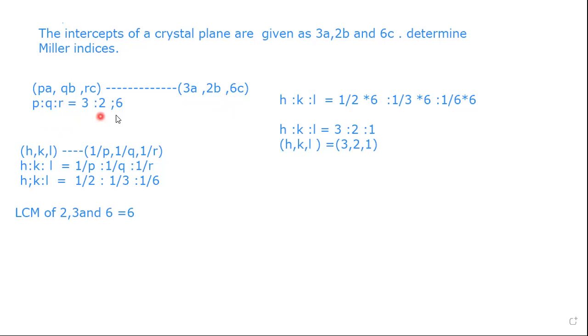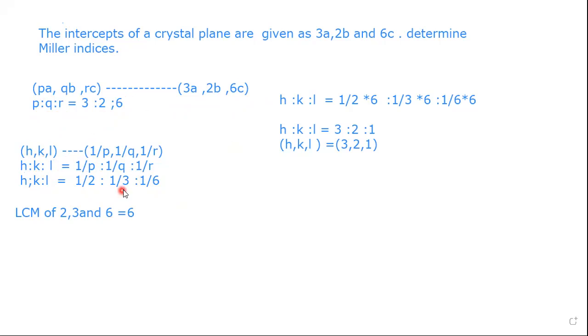So we take the ratio p is to q is to r equals 3 is to 2 is to 6. And later on, we take the reciprocals 1 by p, 1 by q, 1 by r as the h, k, l values. And we take again the ratio h is to k is to l equals 1 by p is to 1 by q is to 1 by r.